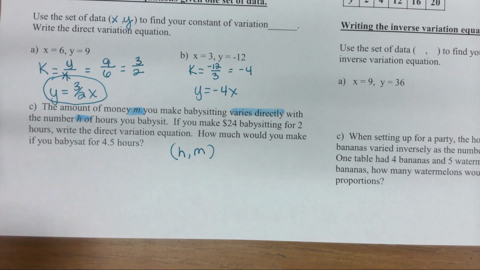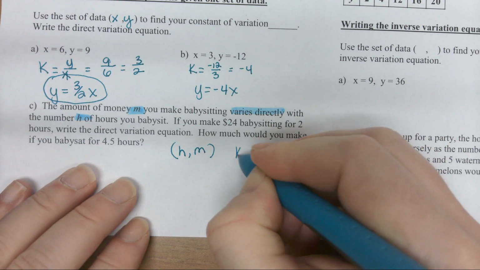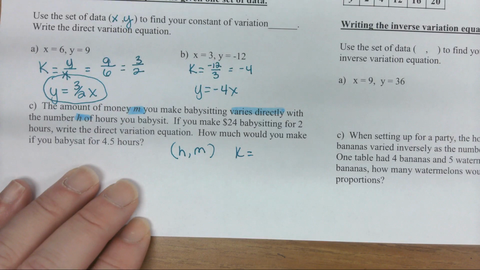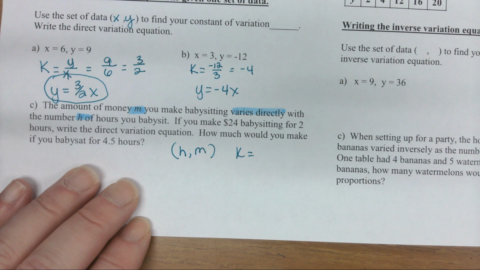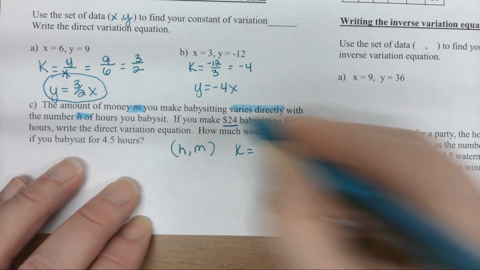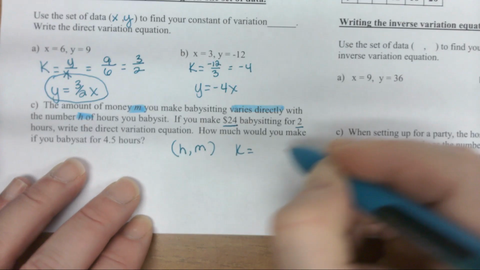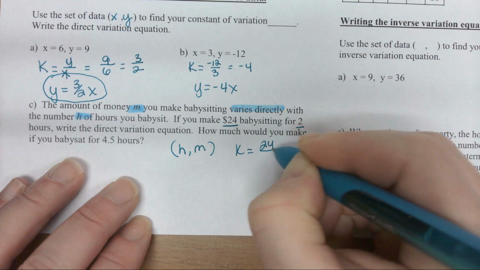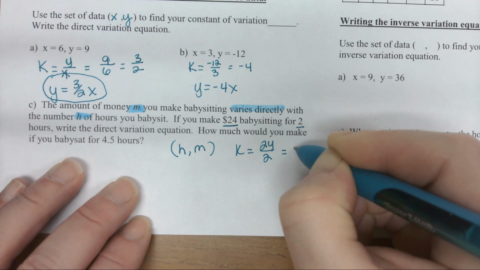Okay, so let's figure out K. K is going to be the money divided by how many hours it took me to do the task. $24 for 2 hours. 24 divided by 2 is 12.